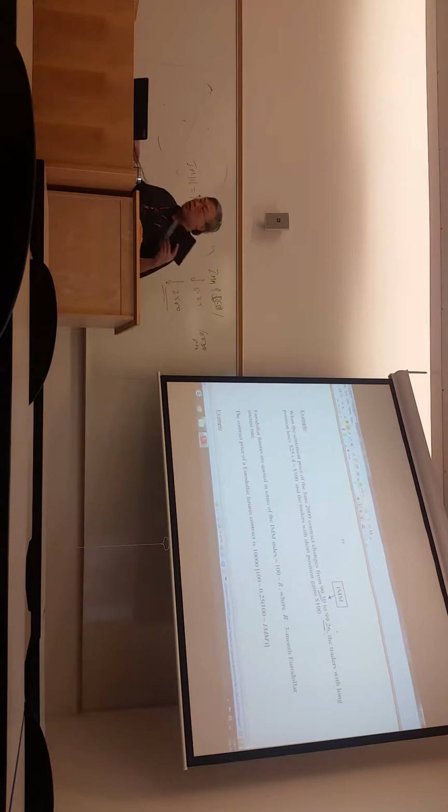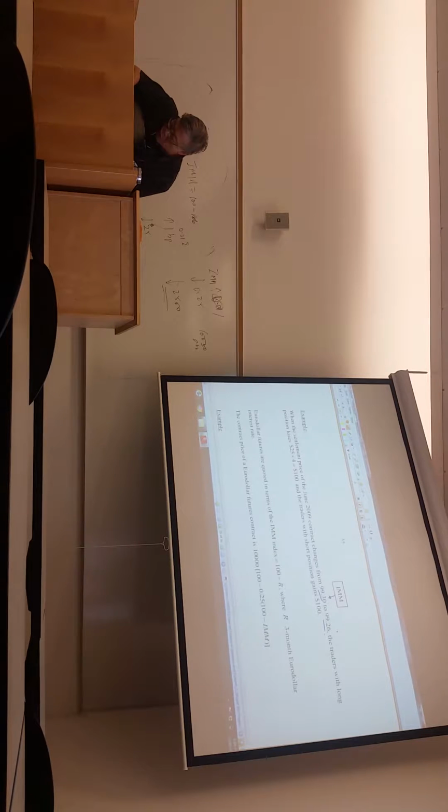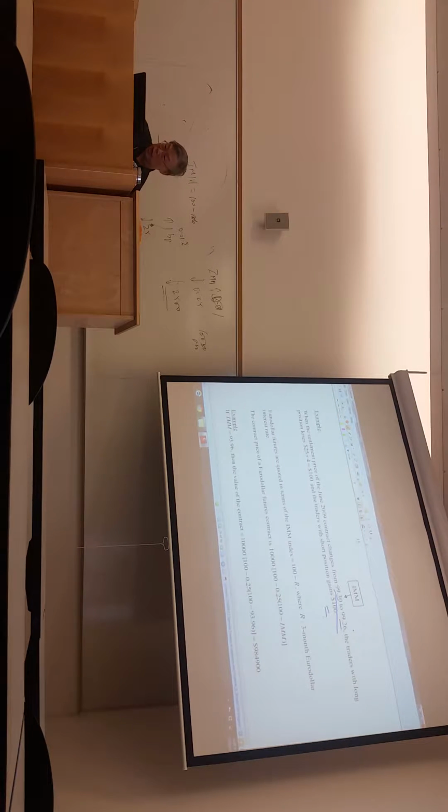Is it clear? So this is 4 basis points. Every basis point represents $25, so now there will be a change of $100. So if you sell short the contract, you are going to make $100. If you long the contract, you lose $100. Is it clear?